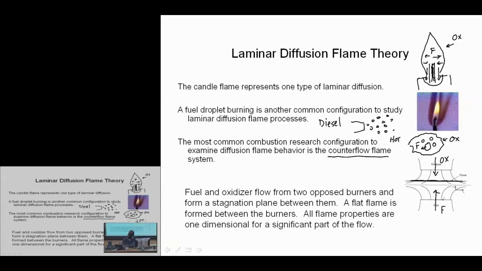So people will use all sorts of different diagnostic systems to understand the details of flames in such a configuration, everything from laser-induced fluorescence to different types of laser-induced population changes, so they can see photons coming off of the different activated species.